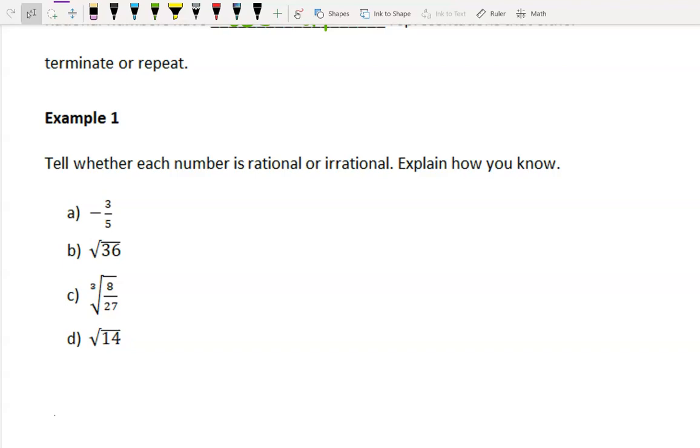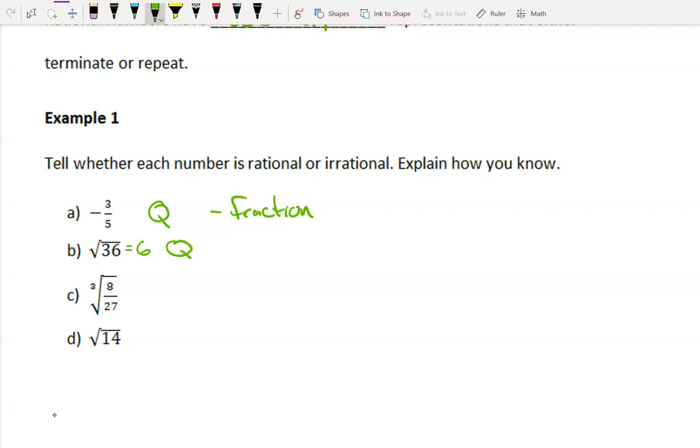So let's take a look at a couple more examples. Tell whether each number is rational or irrational. Explain how you know. This first one is rational. Why? It's a fraction. All fractions are rational. The next one, the root of 36 is 6. Why is it rational? In fact, it's more than rational.